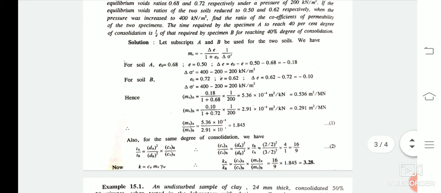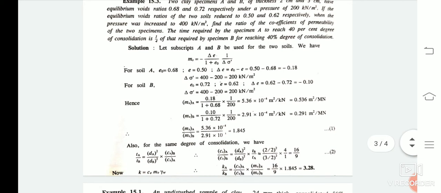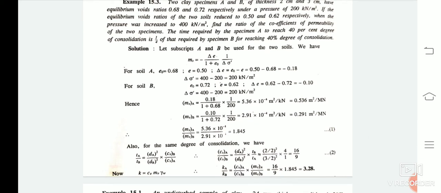And if the samples have the same degree of consolidation, then making a ratio of their timings to consolidate, TA by TB will be equal to dA square by dB square multiplied by CV of B by CV of A, where d is the depth of the sample and CV is the coefficient of consolidation.